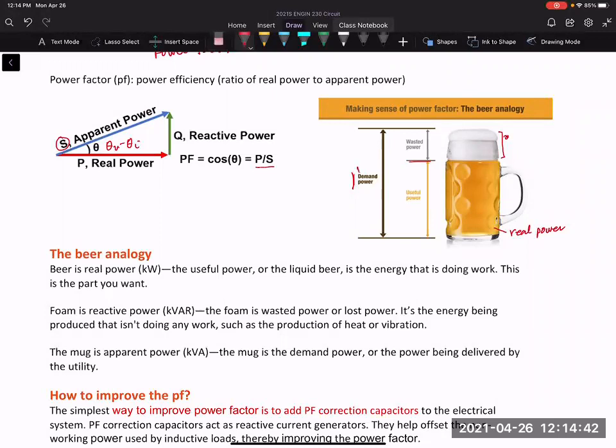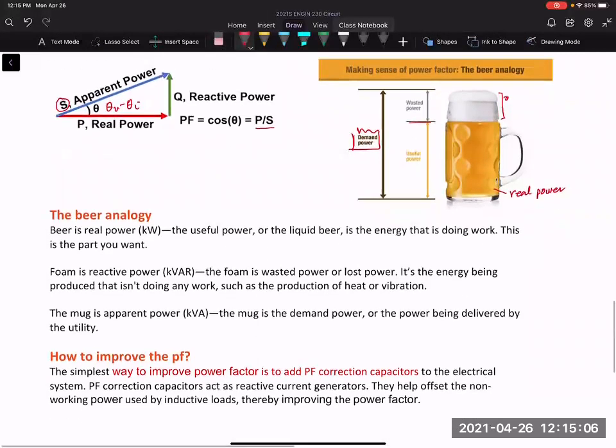You would try to make the demand power close to your useful power. You try to make the power factor close to 1, so you don't waste any of the power being charged but not used. So that is what these three different powers mean.